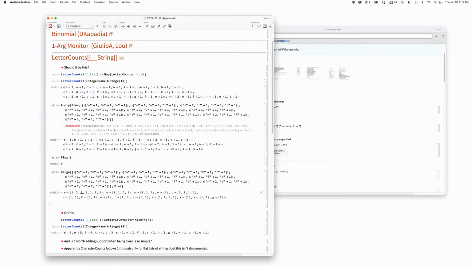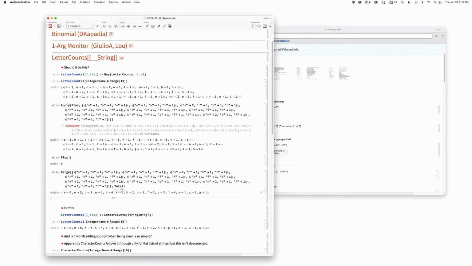I want to do this where maybe there's an additional plus argument. You want total, not plus. Yeah. Oh, right, because it'll feed it as a list, all the elements as a list. Well, that's reasonable. That's reasonable.